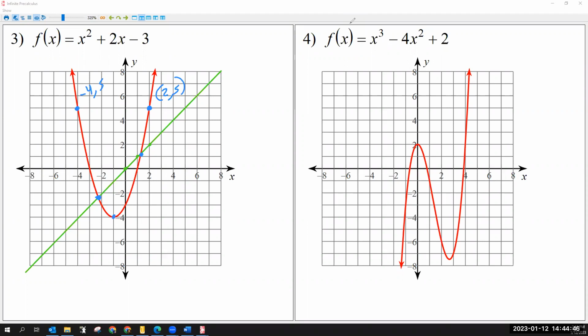This one right here is -1, -4. Any other points? Well, let's see here. Right there is -3, 0. And right there is 1, 0. Okay, a lot of points for us to use.